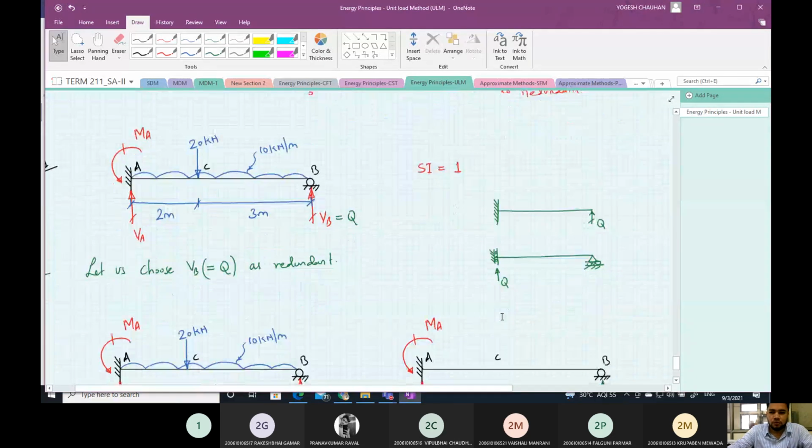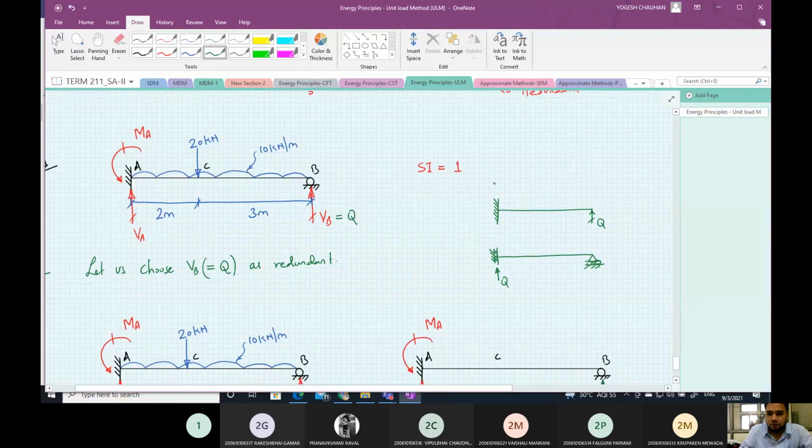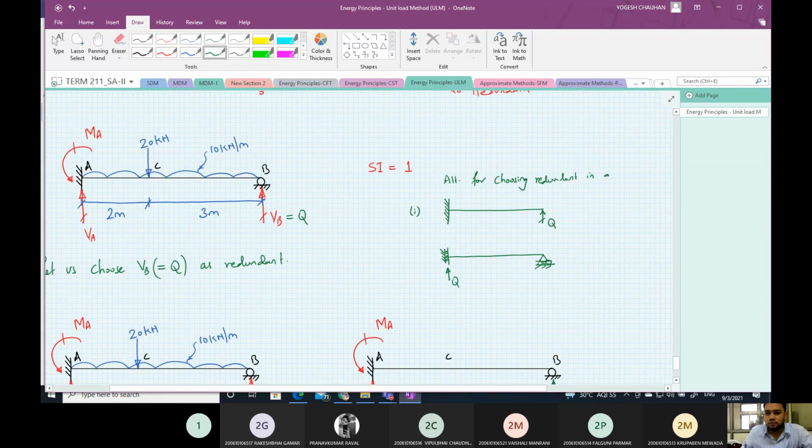These are various alternatives for choosing redundant in a given problem. We have chosen this alternative.